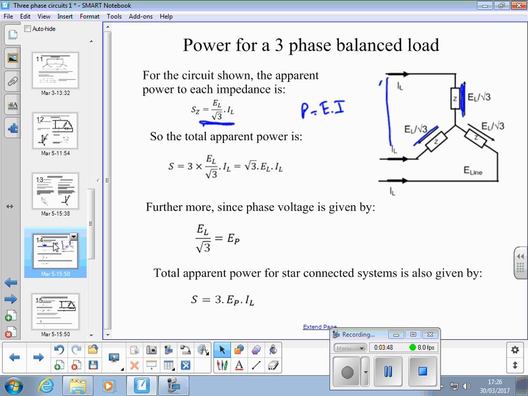And therefore, that's √3 times EL times IL. In a long-winded way, all that slide has proven is that the total power is 3 times the power in each phase for a balanced load.